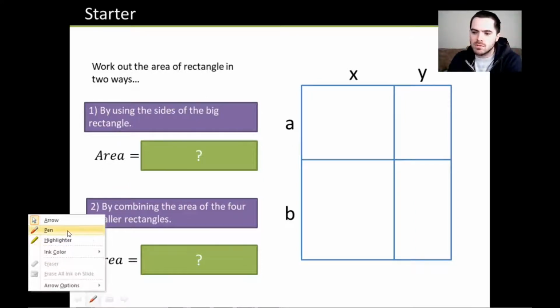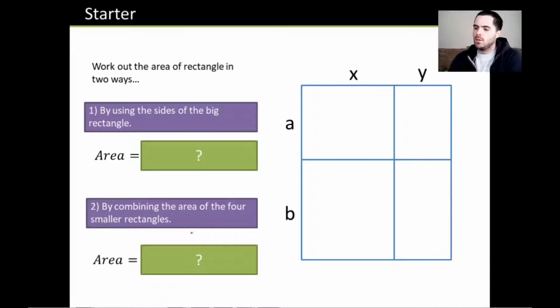And if we wanted some generic formula, what we can do to begin with is try and figure out the area of each rectangle. Say, for instance, this here would be a times x. Over here on the right-hand side, this would be a times y. Over here, bx, and finally, by. So in that step, we've answered both of the questions that are hidden here.